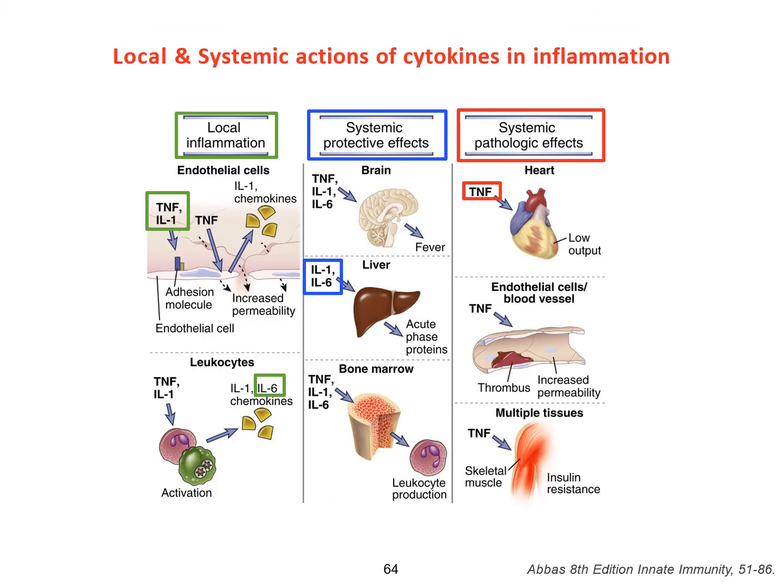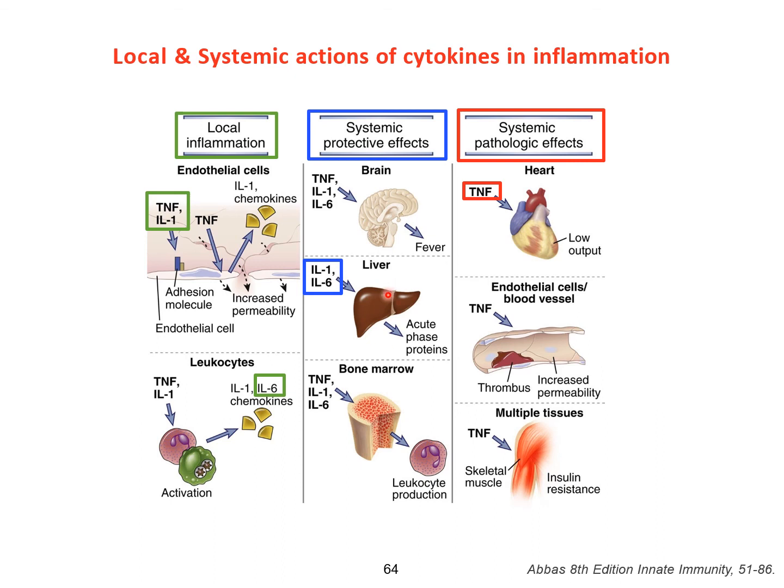So local and systemic actions of the cytokines produced in inflammation: local inflammation, systemic protective effects and systemic pathologic effects. Pathologic means after the disease has actually taken place. So TNF is tumor necrosis factor. It causes low cardiac output, in vessels it causes thrombus formation and increased permeability of the vessels, and in multiple tissues like skeletal muscle and insulin resistance in the pancreas.